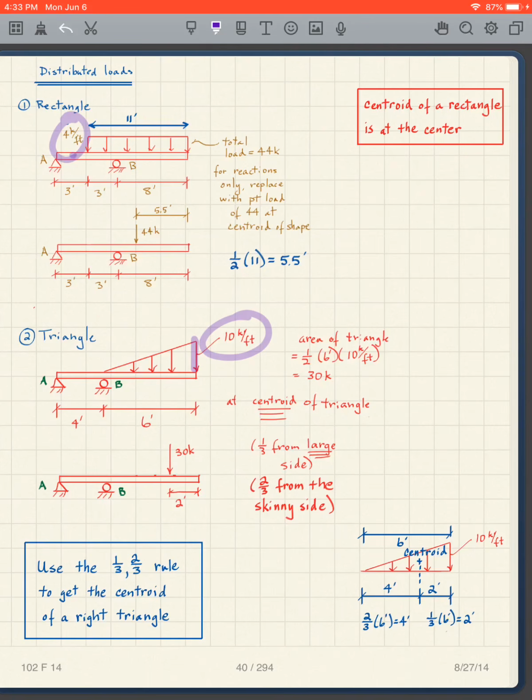Notice the similarity in the units here, kips per foot. How do we interpret it? Well, that means approximately in this region over here, I have 10 kips per foot. In other words, if I take a foot over here, that horizontal distance is 1 foot. That means that we're going to have 10 kips in that region, approximately.